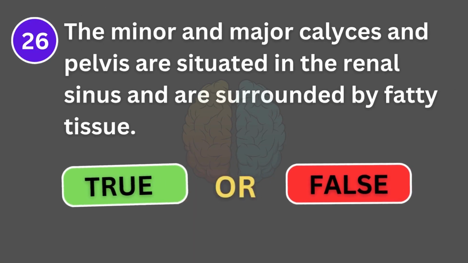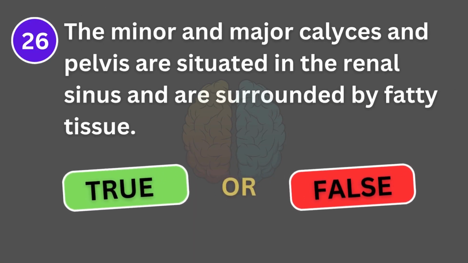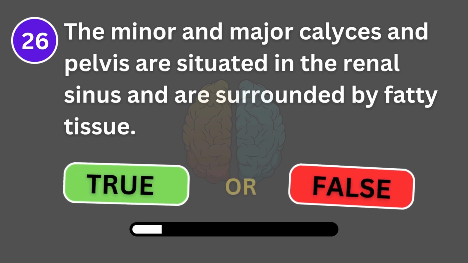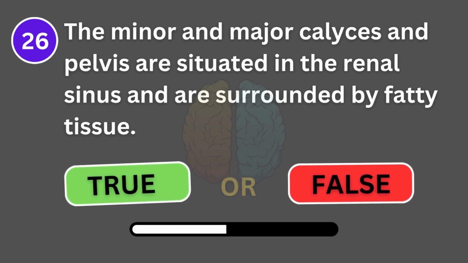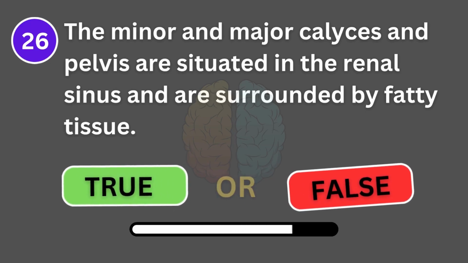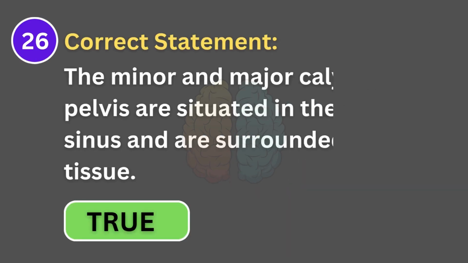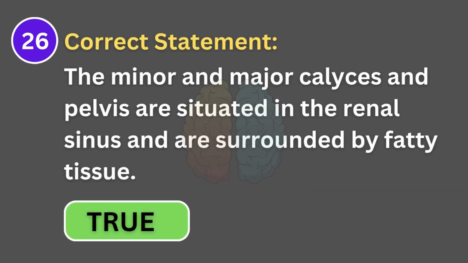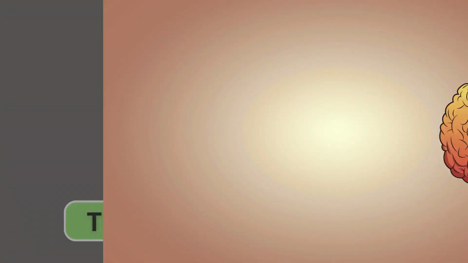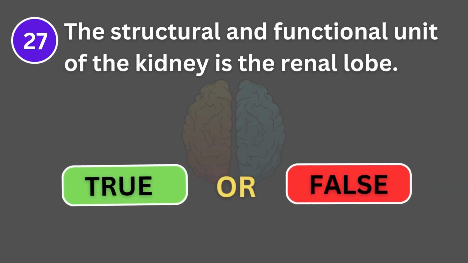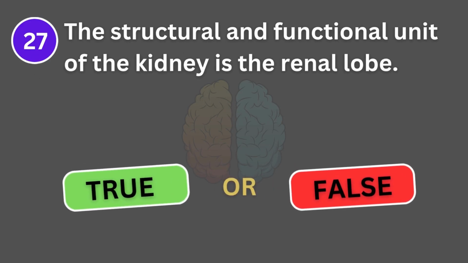The minor and major calyces and pelvis are situated in the renal sinus and are surrounded by fatty tissue. The structural and functional unit of the kidney is the renal lobe.